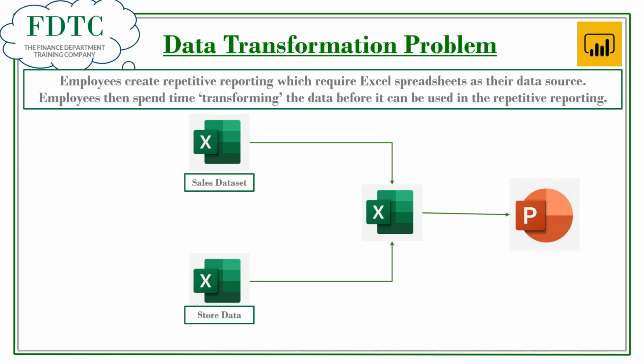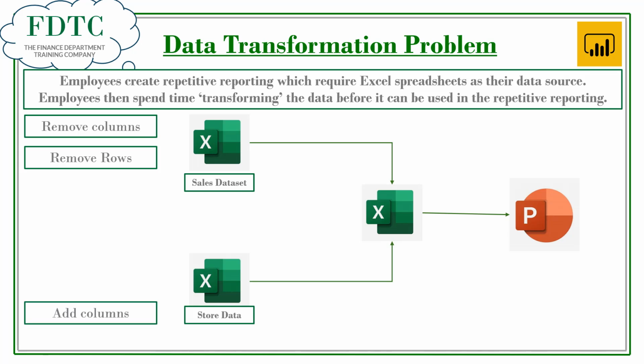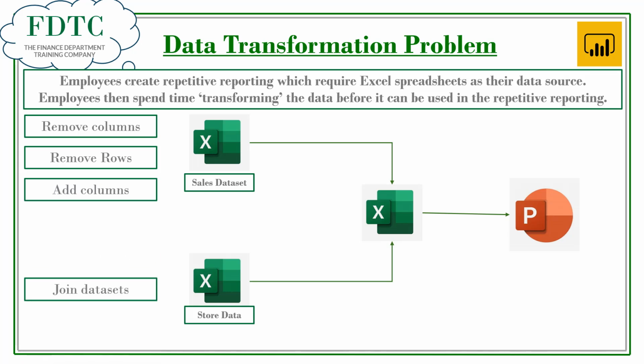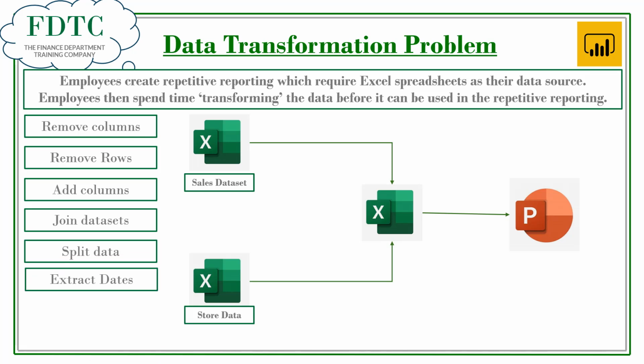The thing is, though, that before we even get to the fun part of creating that PowerPoint report, we need to do some transformation in our original Excel files, such as removing columns, removing rows, adding columns, joining datasets together or doing lookups between the two, splitting data, extracting data information, and there's quite a few more, to be honest.